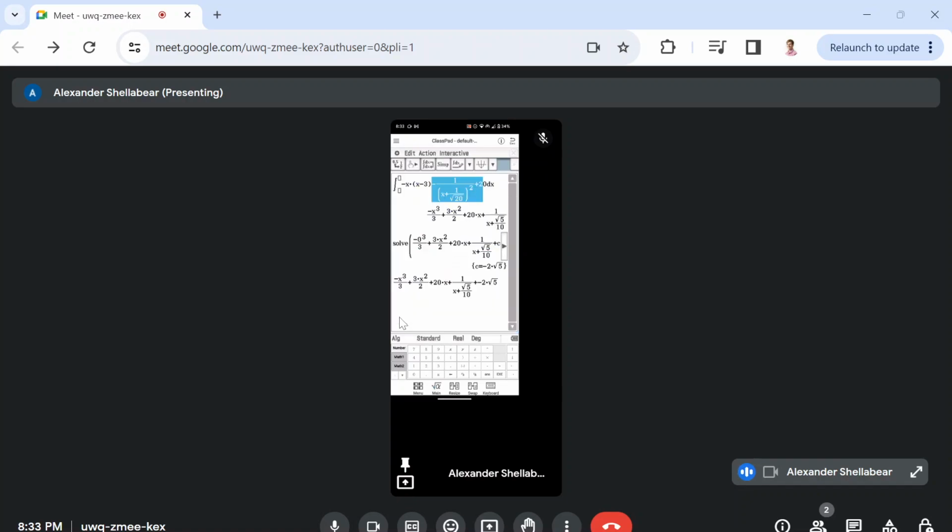I'm going to grab this one here, grab this one here, and pull that down. I might just, in fact, cut this, clear all, paste that, and say that is equal to 0.